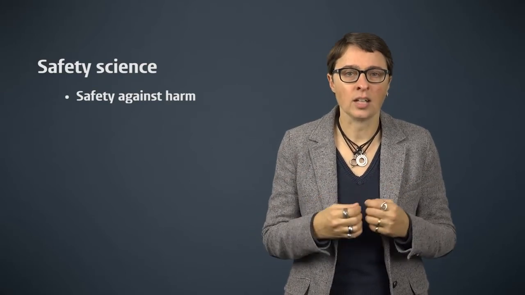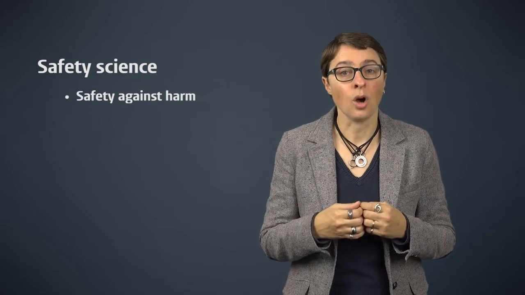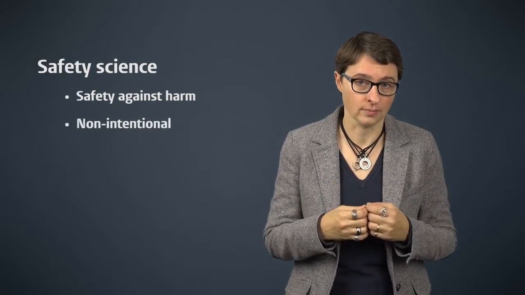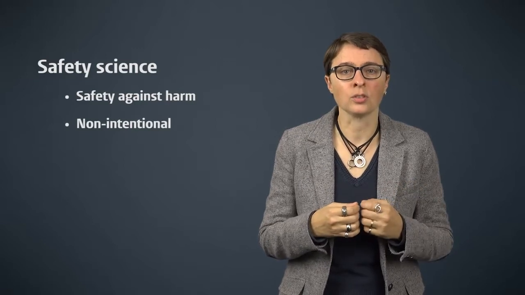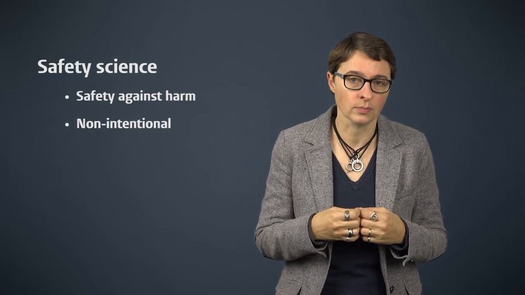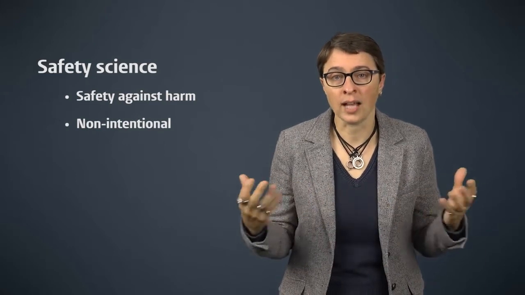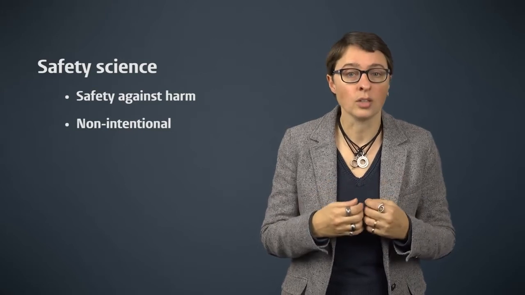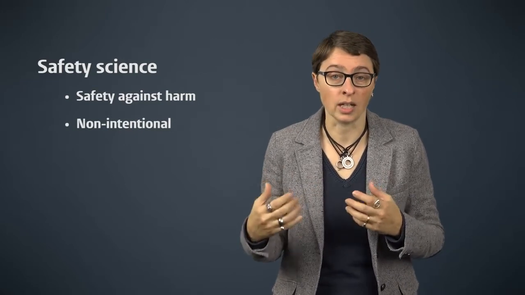Second, safety scientists mostly focus on harms that are non-intentional or accidental. They study the risks that result from natural hazards, such as volcano eruptions and floods. Or they study risk of accidents in chemical plants. Or they seek to understand the risk of earthquakes for the design of nuclear power plants.